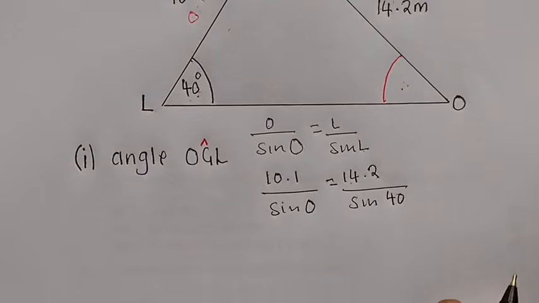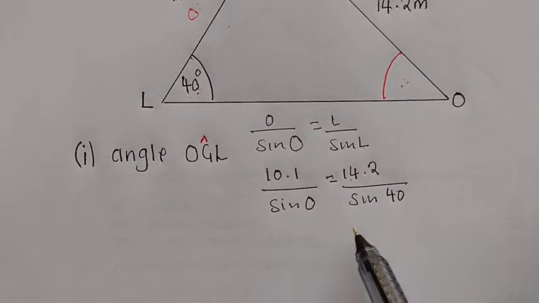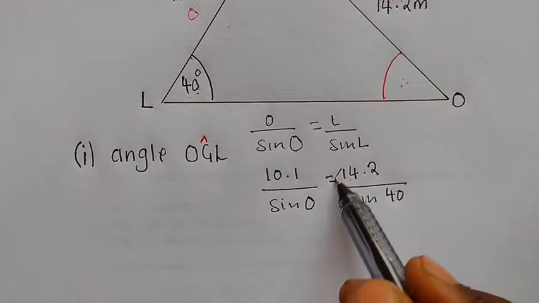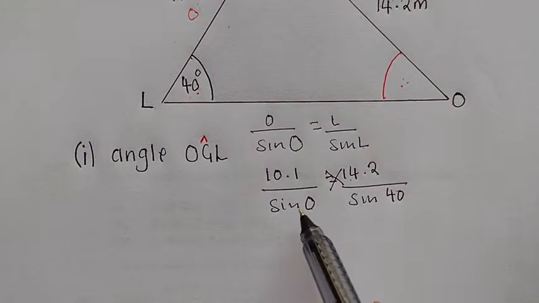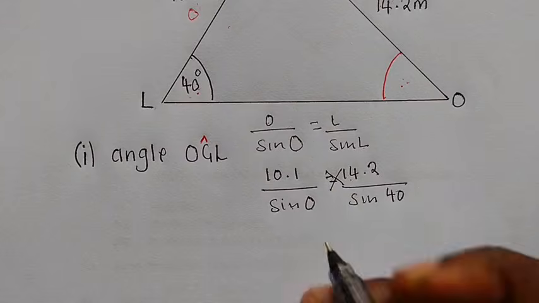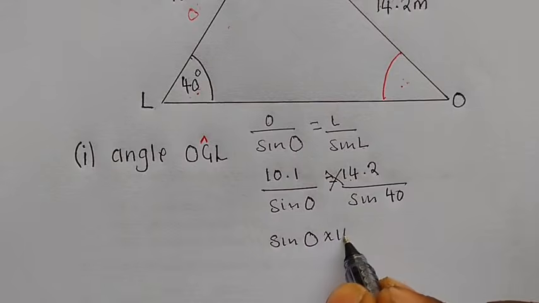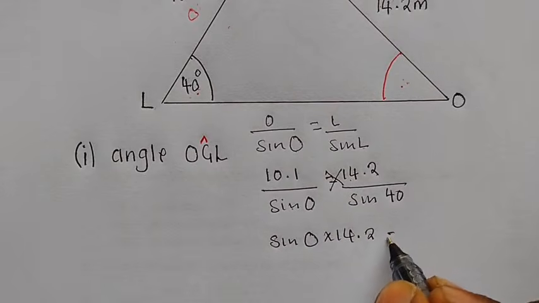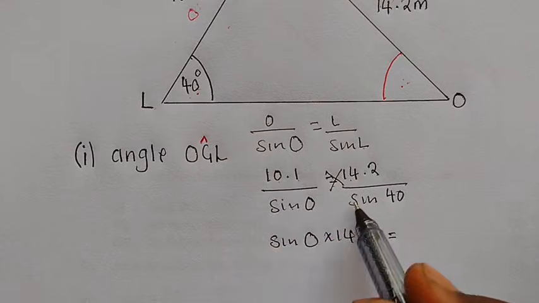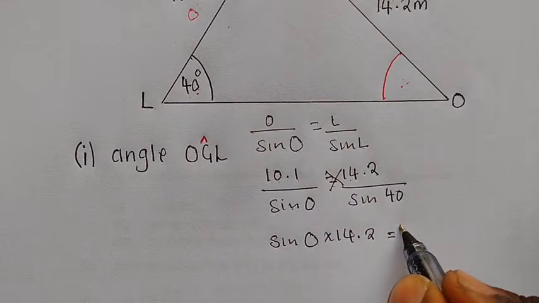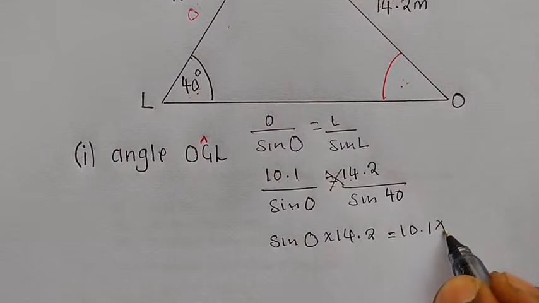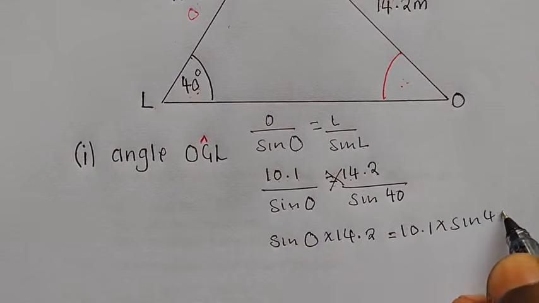Since we want to find the value of sine O, we need to cross multiply, where we say sine O times 14.2 equal to 10.1 times sine 40. So this will be 10.1 times sine 40.